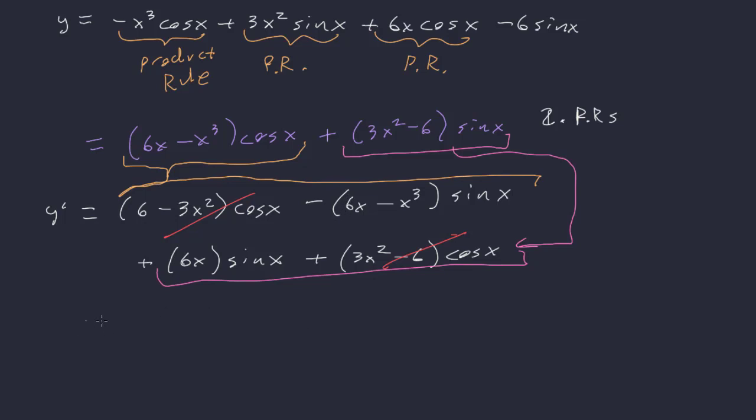Then let me write this out as we have a negative 6x sine x plus x cubed sine x. Then this is a plus 6x sine x. So the 6x sine x also cancel, and we're left with just the x cubed sine x, okay, which is not too bad.